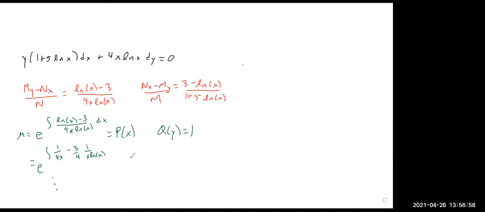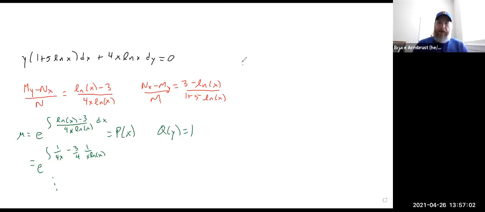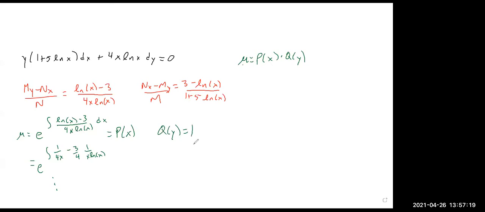Why is q of y 1? Because they said we wanted to find an integrating factor that was in the form p of x times q of y. And this thing's going to be only x, which tells me my y piece has to equal 1. So if there were y values in that, it would be different.